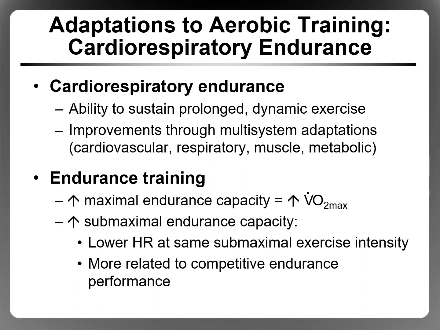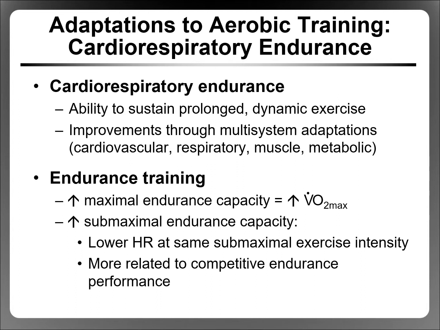That means my cardiovascular system, my respiratory system, my muscular system, and my metabolic functioning, whether I'm using my PCR system, glycolytic system, or aerobic system, are all going to have to work together to adapt in order to have a better performance. A few different ways we know this works.